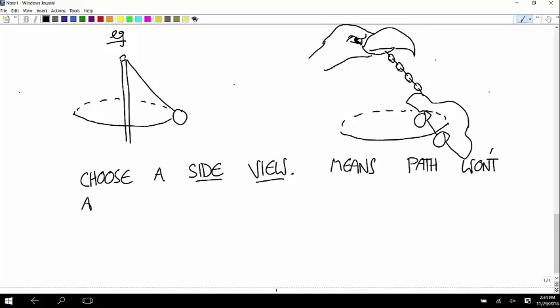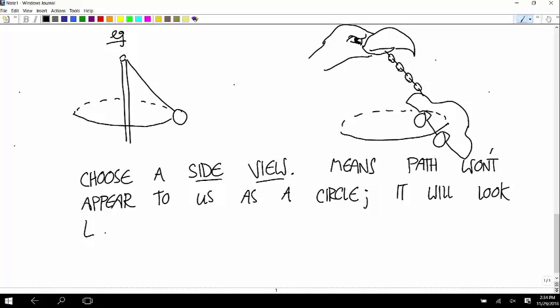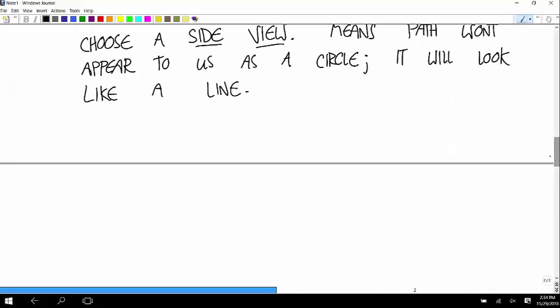It will look like a line. Okay, so let me draw this. If you're taking a side view of a tetherball problem, the circular path is just going to look like this.